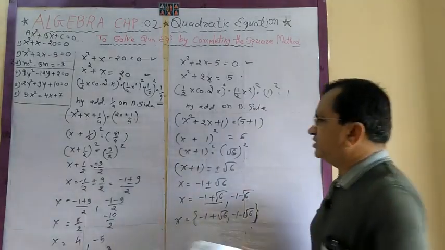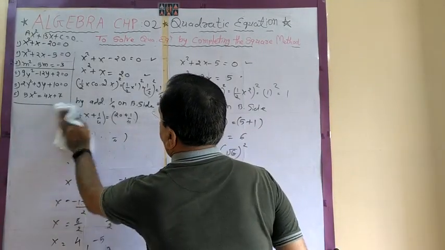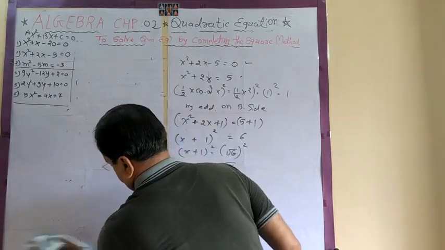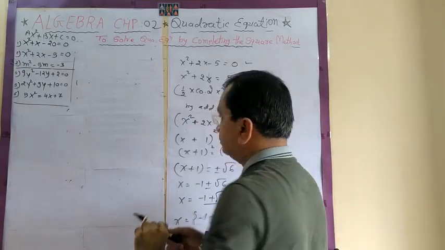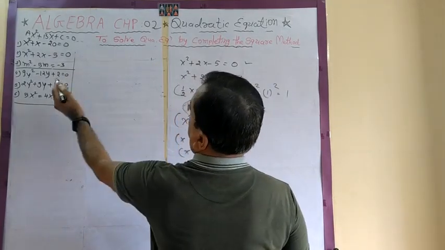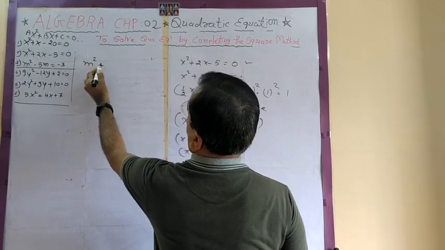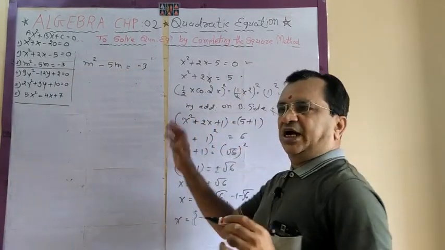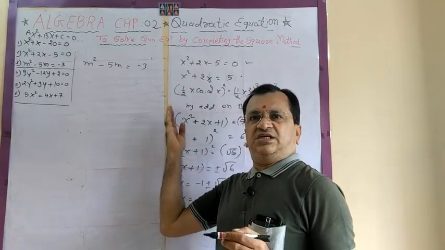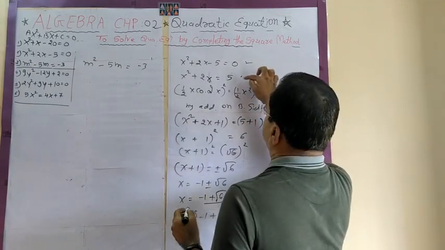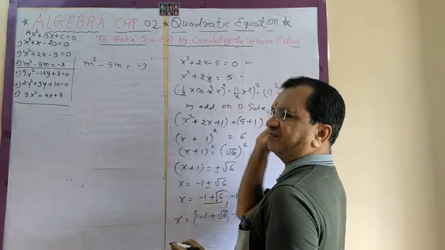Same way we will solve the third sum. Now it is m square minus 5m. The standard equation is given, then c is given from left to right. It is given, no need to do the second step. We will directly start from the third step.